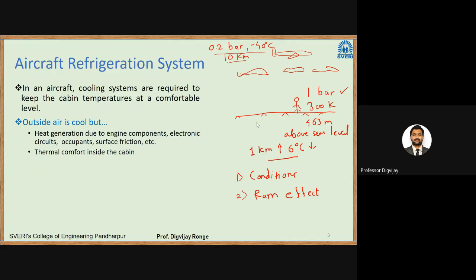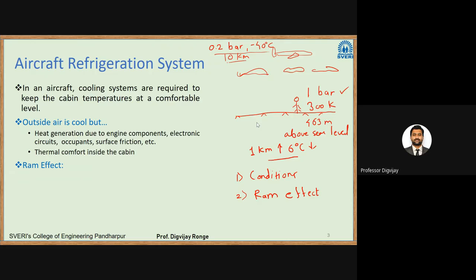At these conditions, I feel thermally comfortable. So even though outside air is very cool, we cannot directly use it and throw it on occupants' faces, because it is a cold air. We have to take that air inside, process it, bring it to the thermal comfort conditions, and then release it into the cabin.